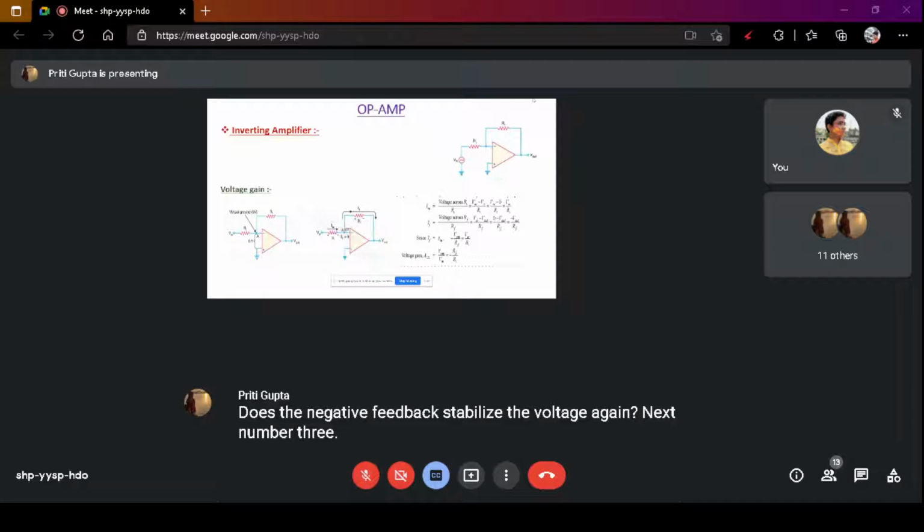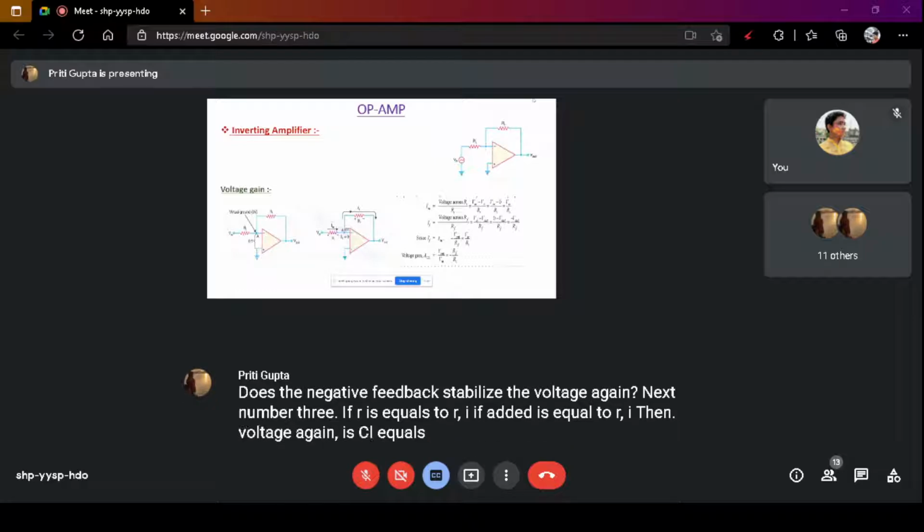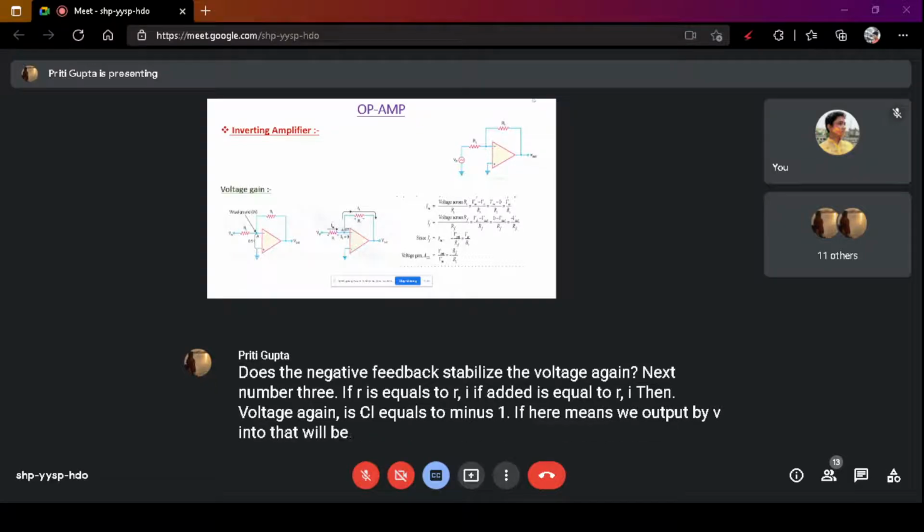If RF equals RI, then voltage gain ACL equals -1. ACL means V output by V input. That will be your -1.